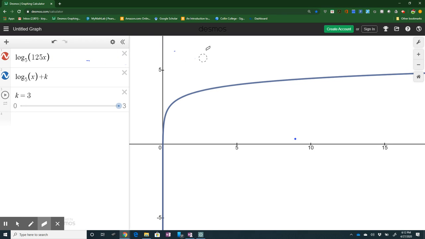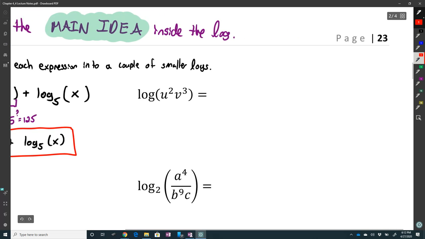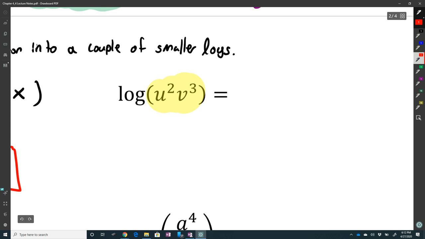All right, but anyway, let's go back to that. So let's look at this one. This tends to get people. You have to ask yourself, what's the main idea? The main thing happening is you have two things being multiplied. You have thing 1 being multiplied to thing 2.